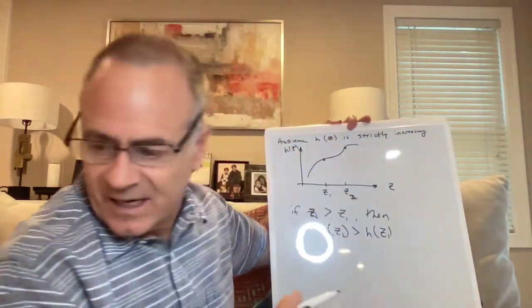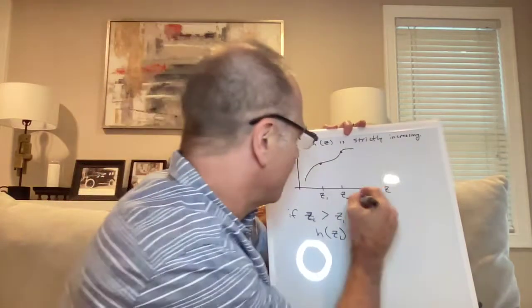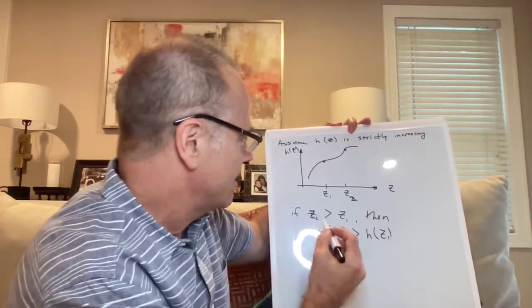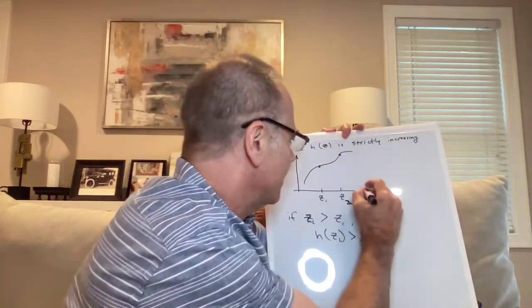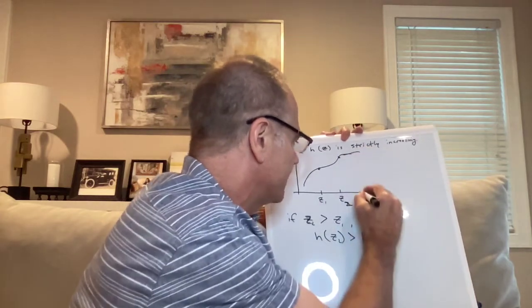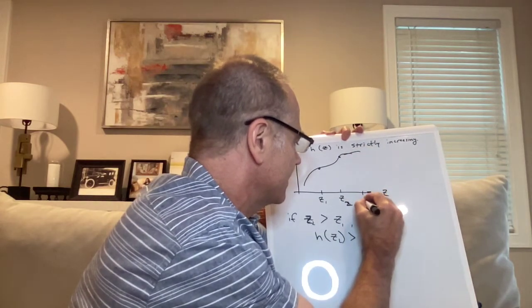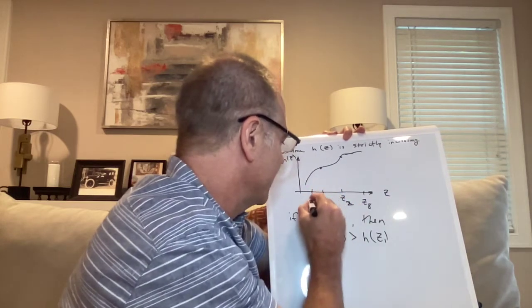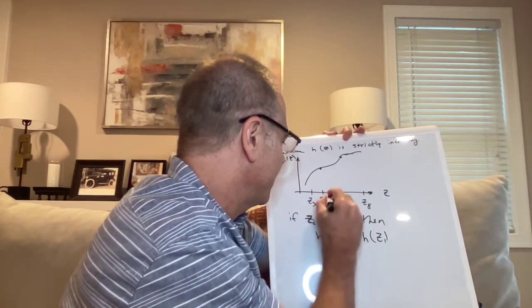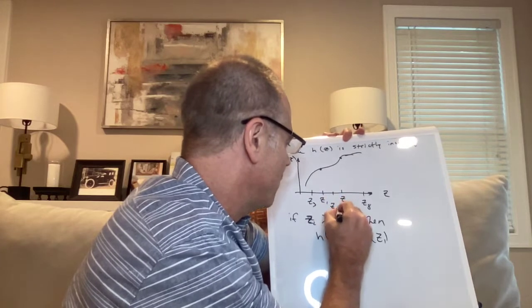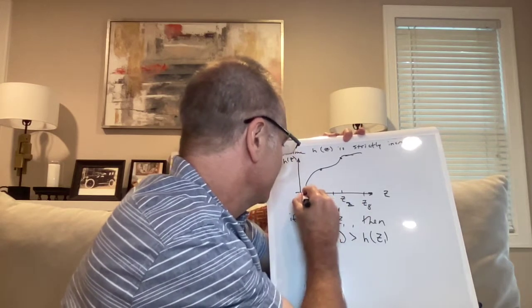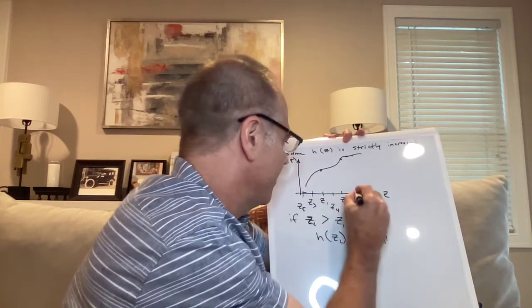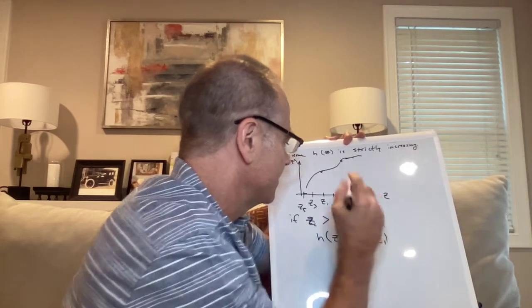Now also, let's suppose instead that we have a bunch of z's, and let's say the biggest of the z's is, let's call it z8, but we also have z3 here, z4 here, z5 here, z7, and so on.